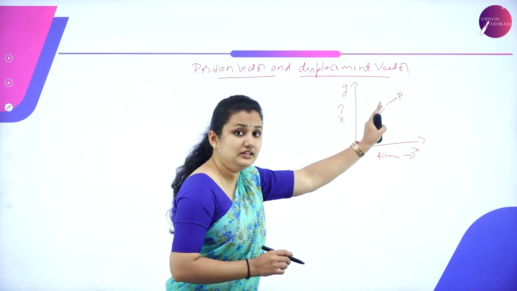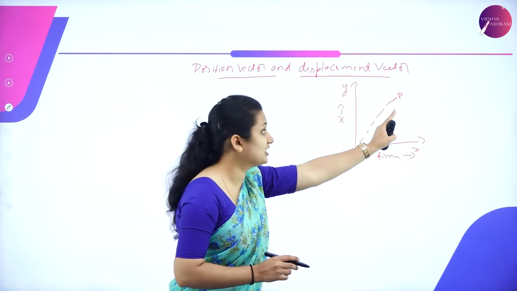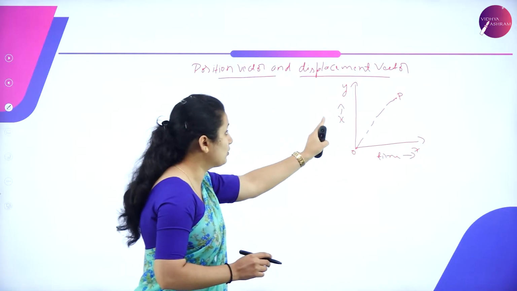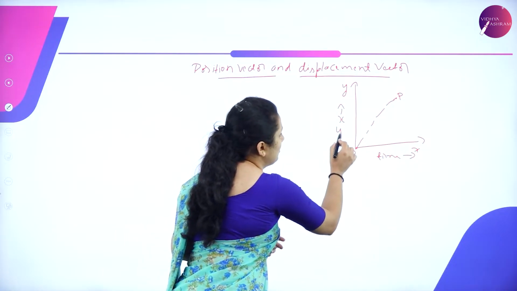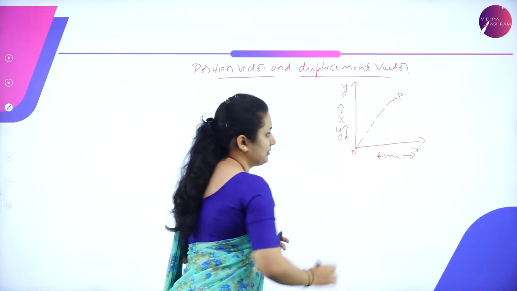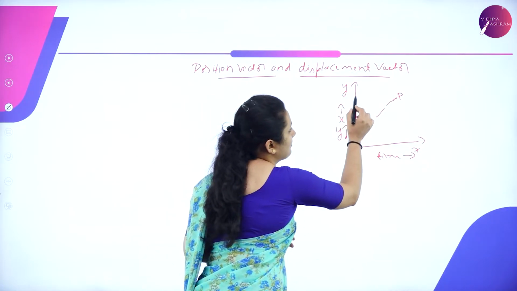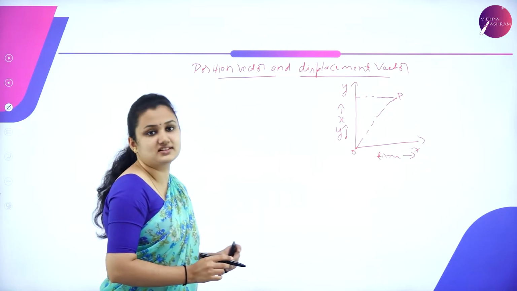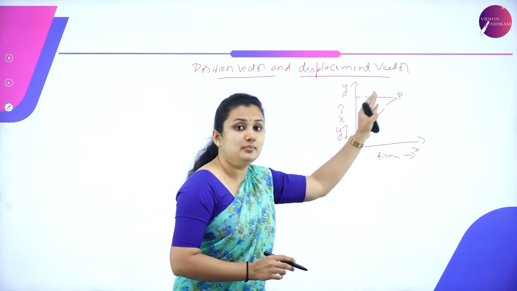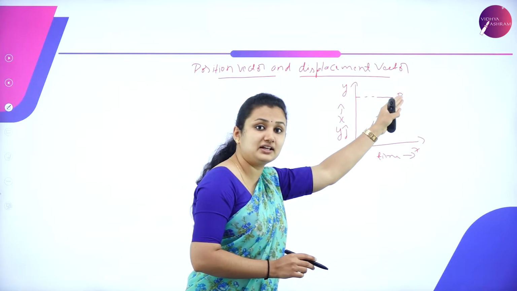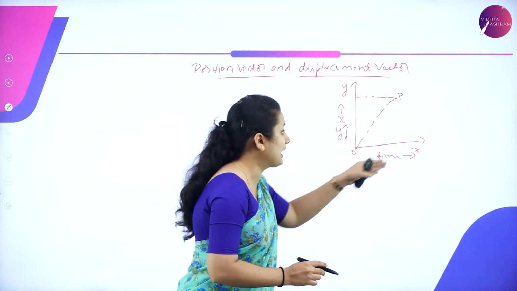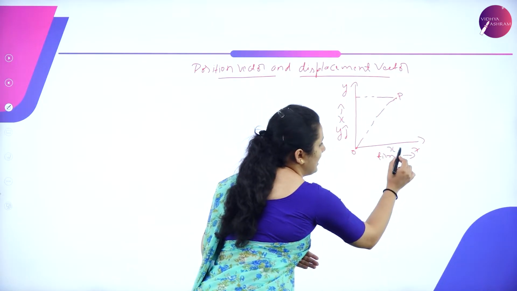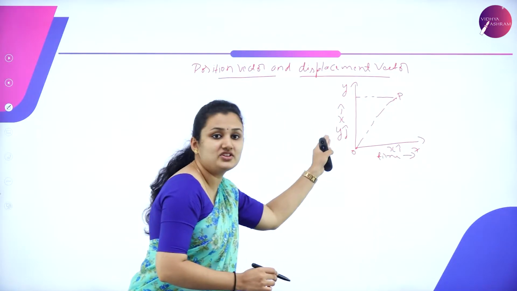The projection of particle P along y-axis is given by y j cap. The projection of P along x-axis is given by x i cap. So what is i cap and j cap here?